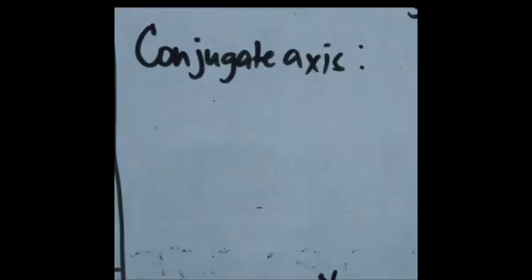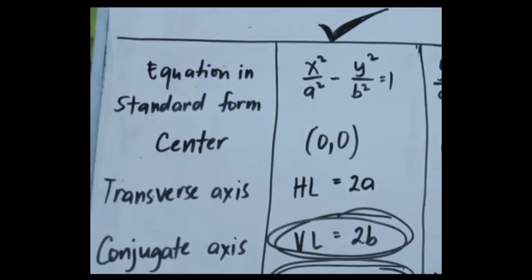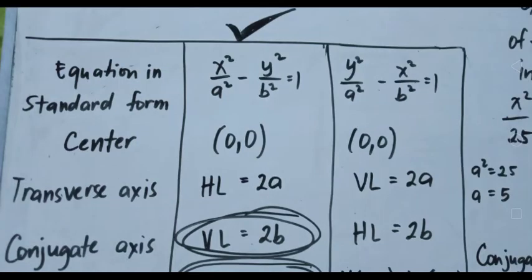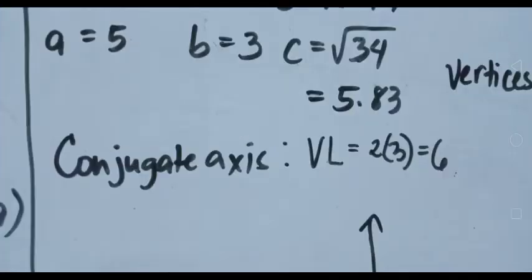Next, we also have to find the conjugate axis. For the conjugate axis, the encircled part here says the vertical length should be 2b. That is the vertical length; if the hyperbola is vertical, it is the horizontal length. Since our b is 3, the conjugate axis is 2 times b, which is 2 times 3, equal to 6.